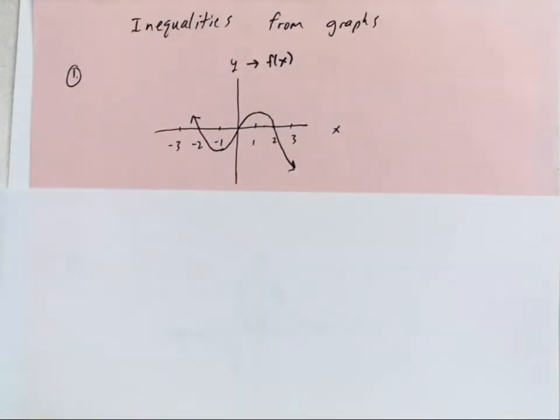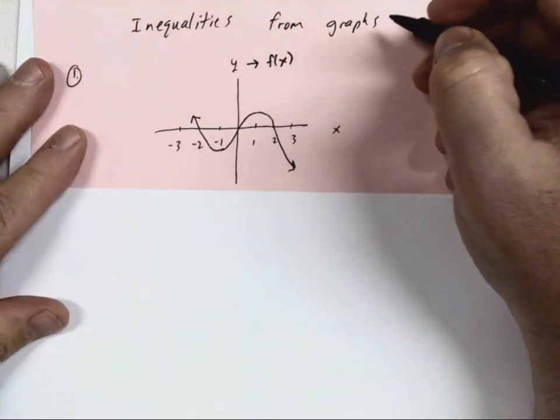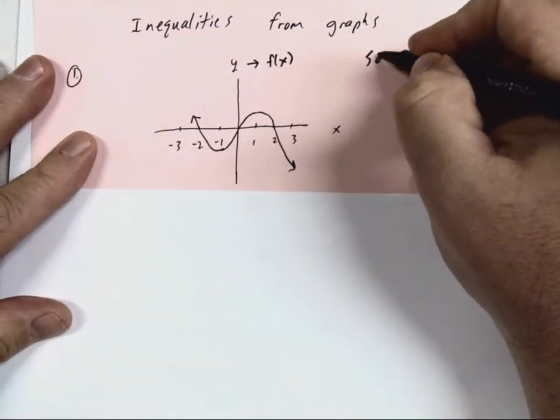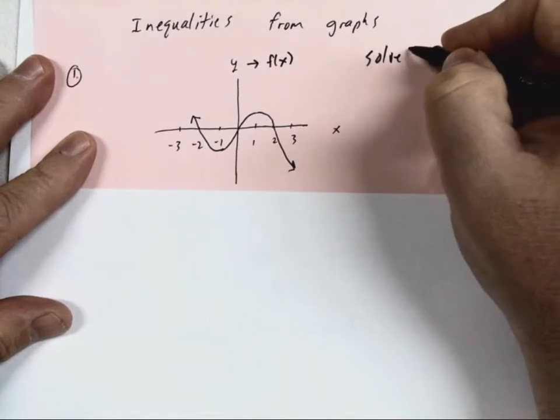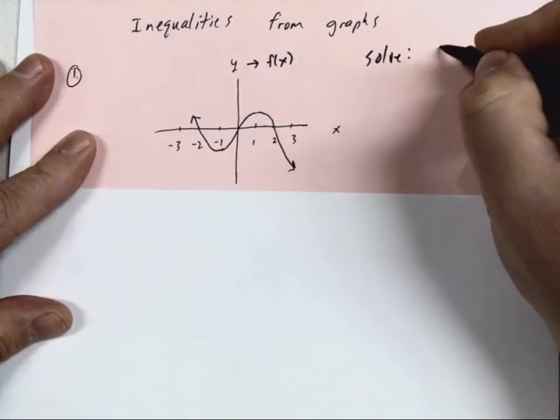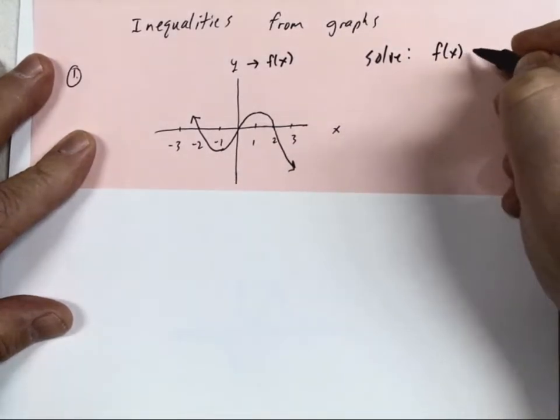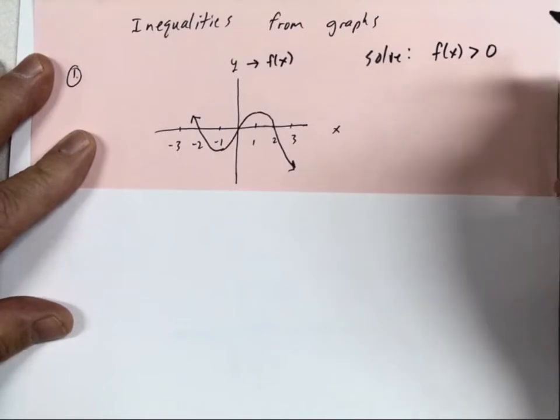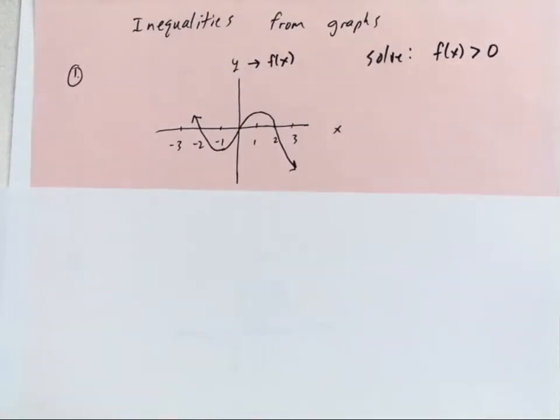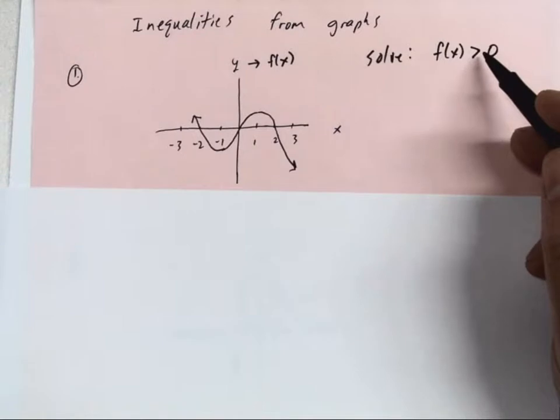So here's the typical kind of question they ask. They might say, solve f of x greater than 0. What they're really saying here is go find the values of x, and it's going to be an interval.